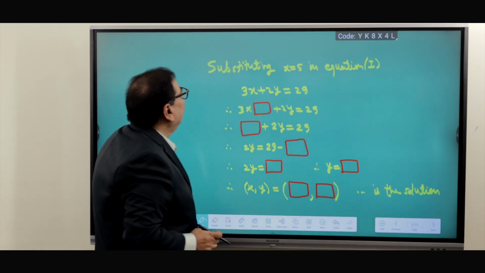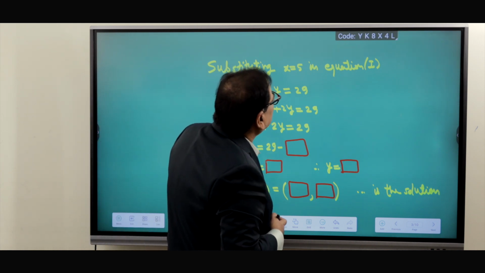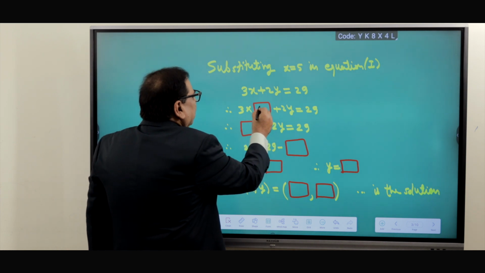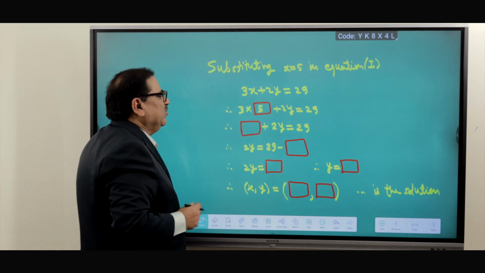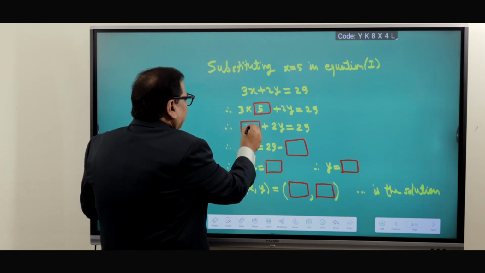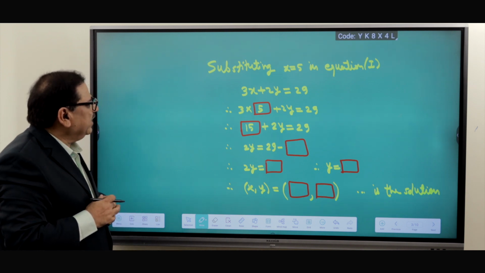Now substituting x is equal to 5 in equation 1. 3x into 5 plus 2y is equal to 29. 3 into 5 will become 15. Plus 2y is equal to 29.